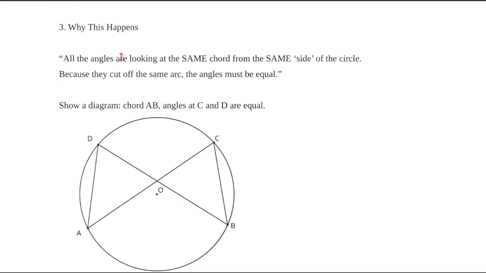Why does this happen? All the angles are looking at the same chord from the same side of the circle. Because they cut the same arc, the angles must be equal.